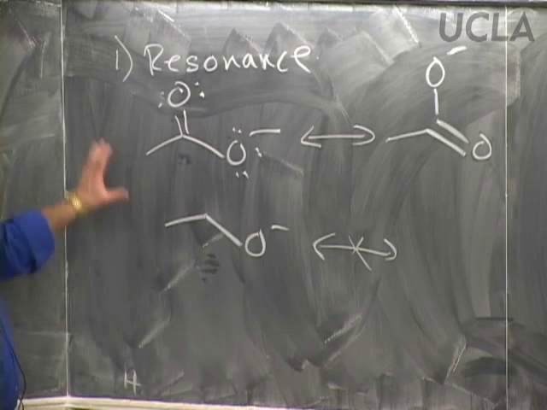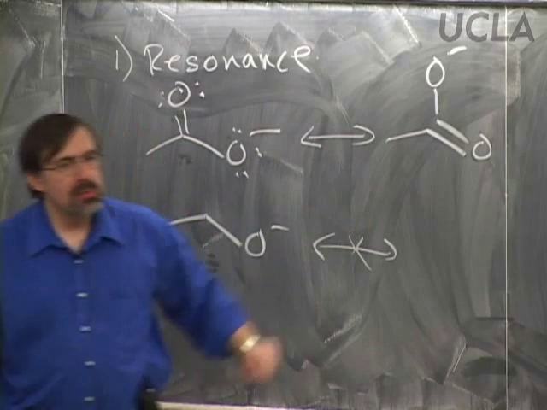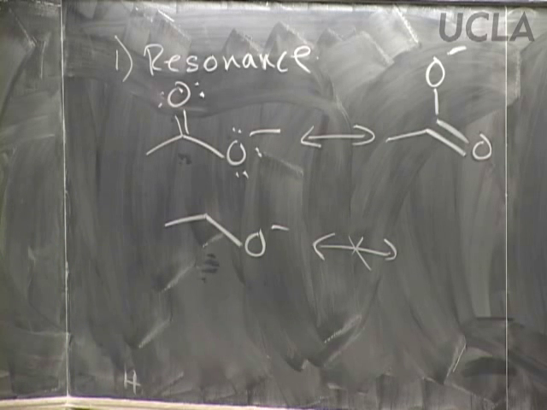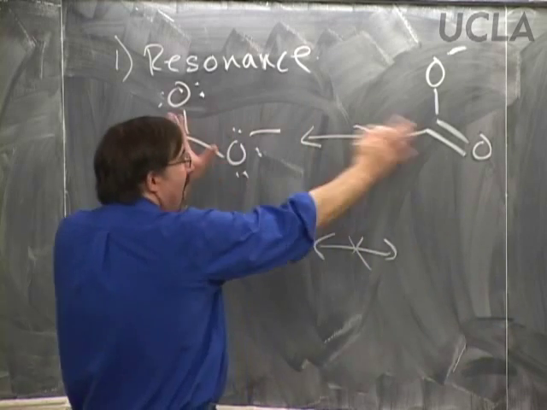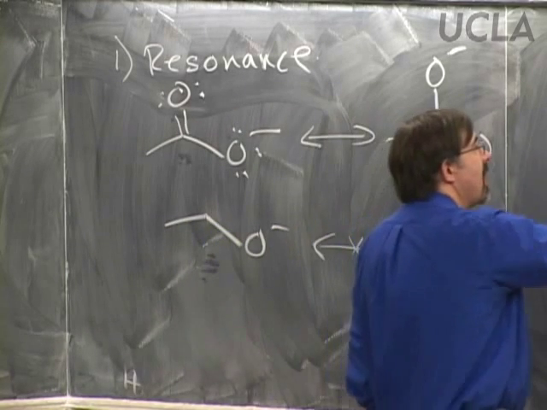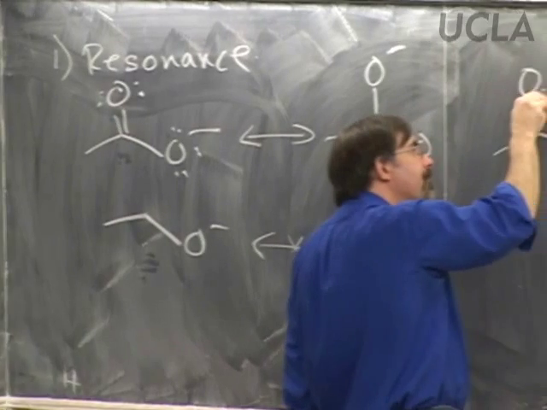Now, of these two resonance contributors, which one is the best representation of reality? Or is that a trick question? It's a trick question, because the best representation of reality is the resonance hybrid, the blending, the average of these guys. So for acetate ion, that looks like this.